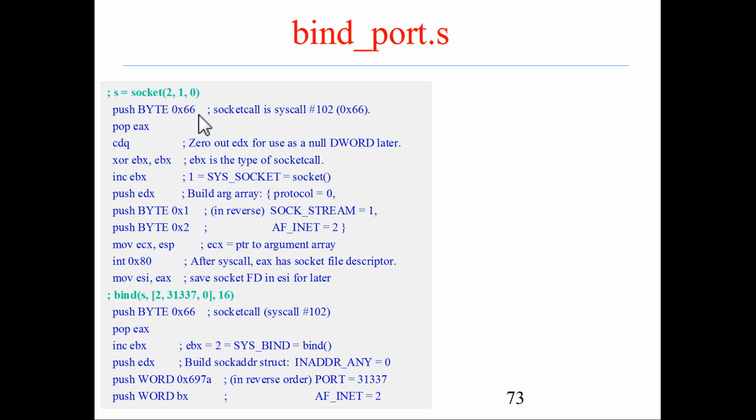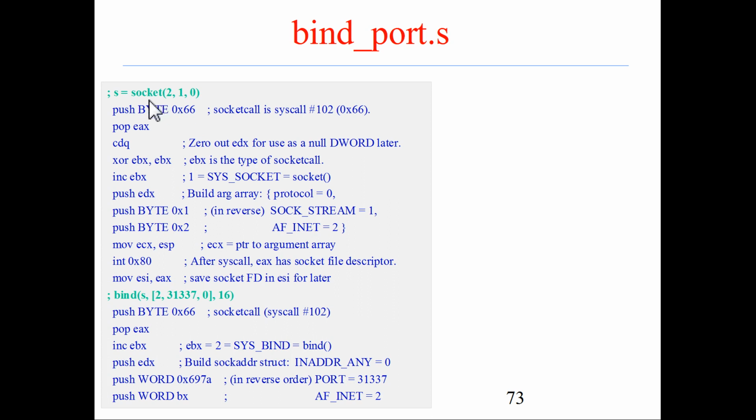Most flags in networking map to just an integer or a short. So the equivalent of that call is just calling socket, providing it 2, providing it 1, providing it 0. That's PF_INET, and that's TCP.